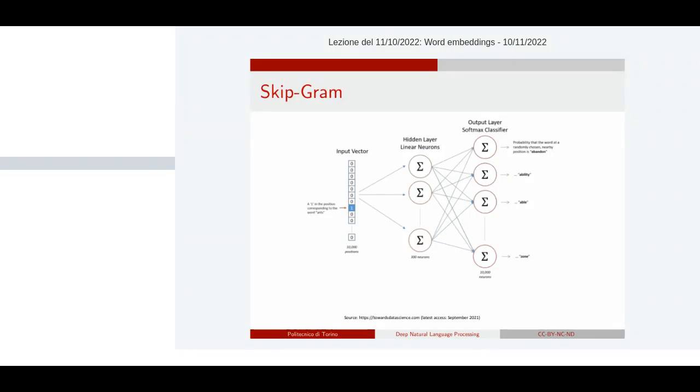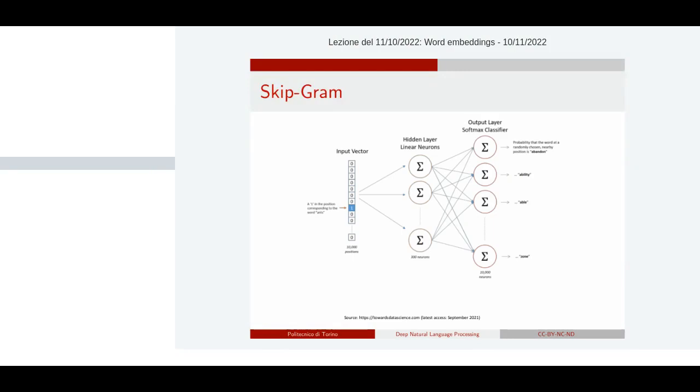So here is the architecture, yet another representation, just for the sake of clarity. This is the very first architecture for deep natural language processing, so it's very important to have this clear in mind. An input corresponds to a specific target word. Then you have the neurons, which are, in this case, 300.